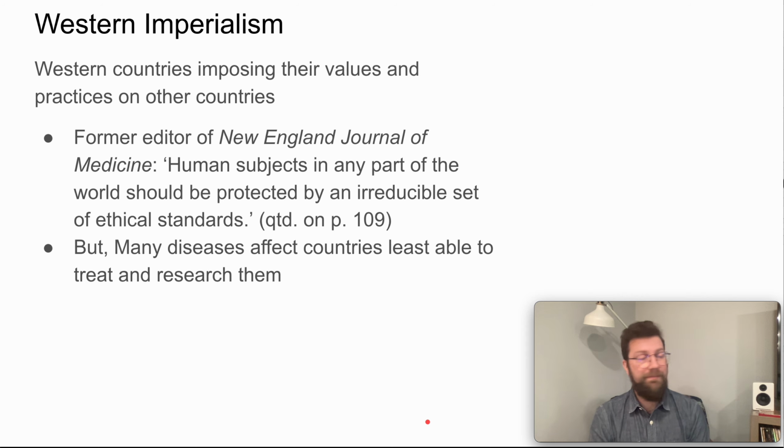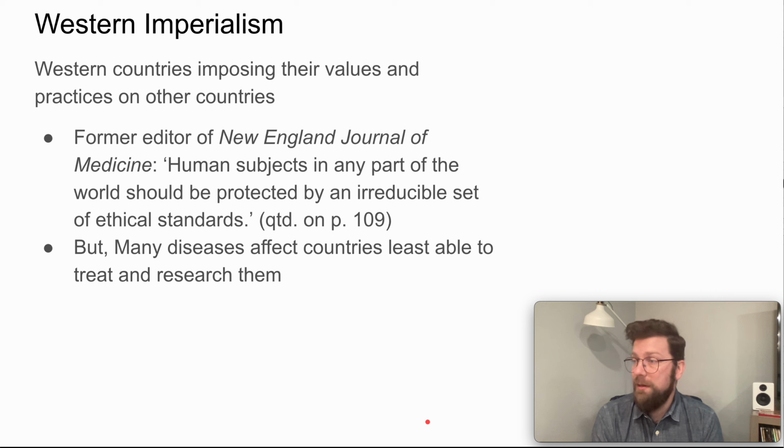On the other hand, here's a thing that we can notice about the international world we live in and the international situation of medicine: there are many diseases in this world that affect countries that are least able to treat and research them.